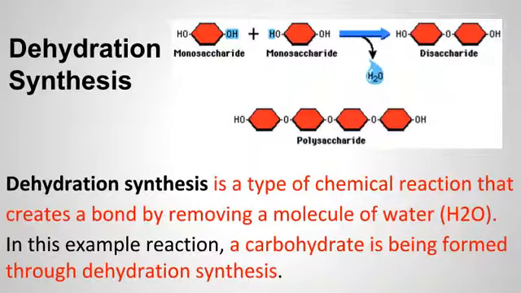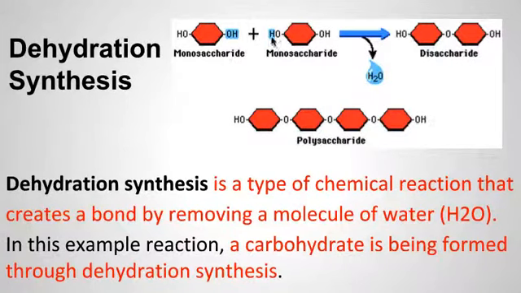All right, dehydration synthesis. Now we're putting the two terms together. Dehydration means to take out water, and synthesis means to put together. So in dehydration synthesis, we are putting together two different molecules by taking out water.